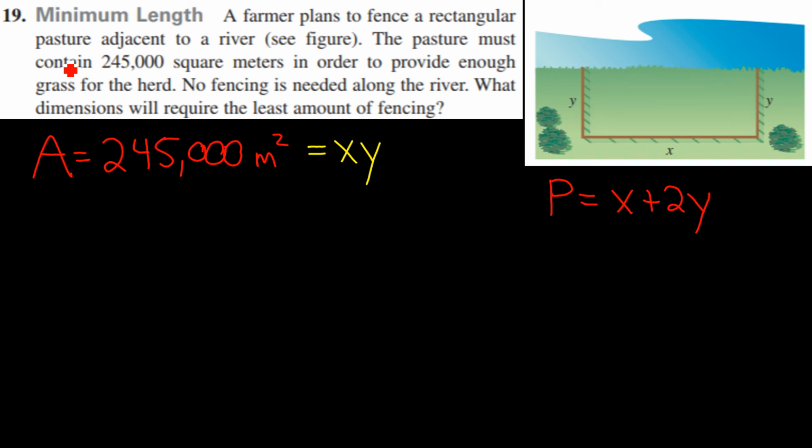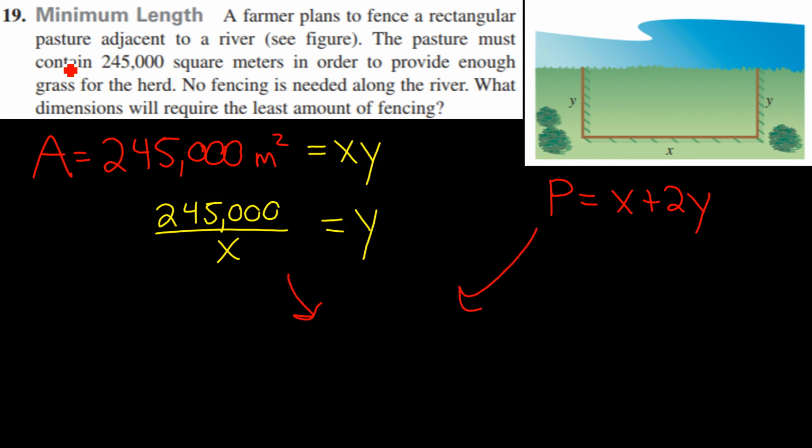If I divide both sides by x, I get y equals 245,000 divided by x. Now I can put these two things together and create a new formula: my perimeter is x plus 2 times 245,000 over x.